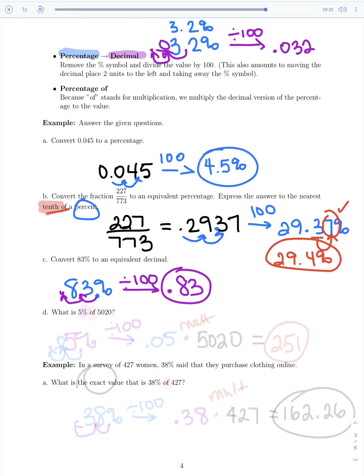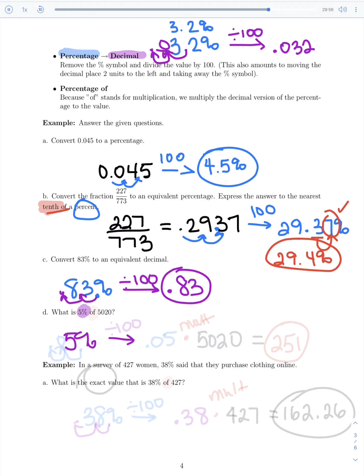In this next example, we're asked to do a little bit more. They're asking what is 5% of 5,020? Well, first of all, if you're going to do any math involving a percentage, you first have to take that percentage and turn it into a decimal. So I've got 5%.